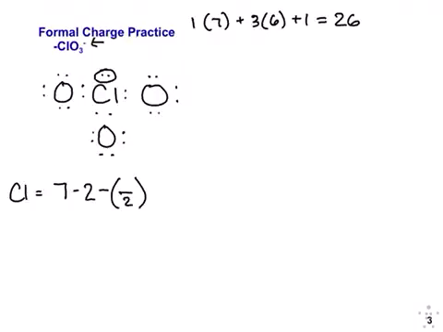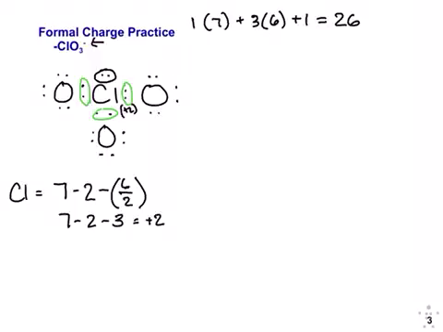We have 6 bonding electrons. Those would be 2, 4, 6. So then we'd have 7 minus 2 minus 3 gives us a positive 2. So that tells us that our formal charge on the chlorine is positive 2.